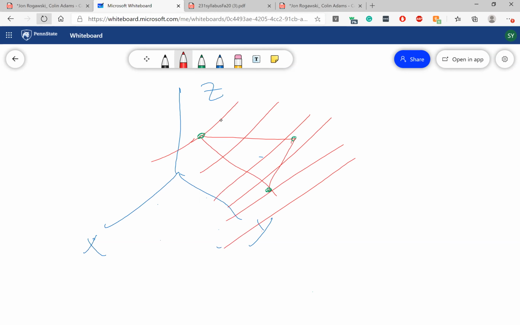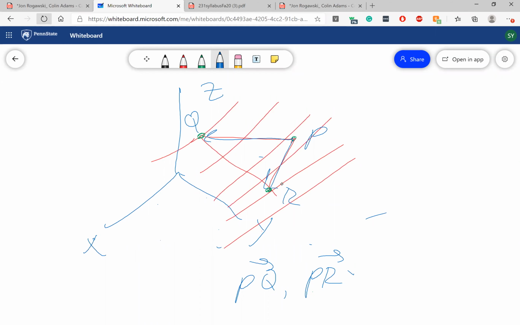The way we do it is, let's imagine that this is the point P, this is the point Q, and this is the point R. We first find the vector from P to Q, PQ. We also find the vector from P to R. Those are these vectors.